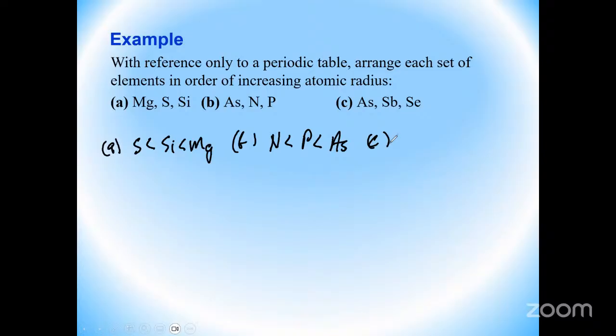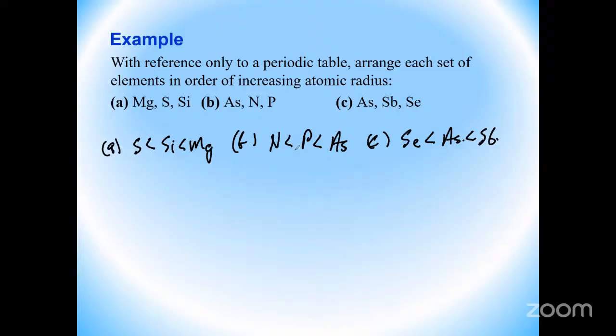You have arsenic, but you have selenium to the right of arsenic. And remember, we said that as you go across left to right, the size decreases. You see what I'm saying? So therefore, I would put selenium first, then arsenic, and then antimony, because antimony is below arsenic. Going down the group, the atomic size increases. So I'm going to put antimony here. All right, and that's it. So that's how that will be done.